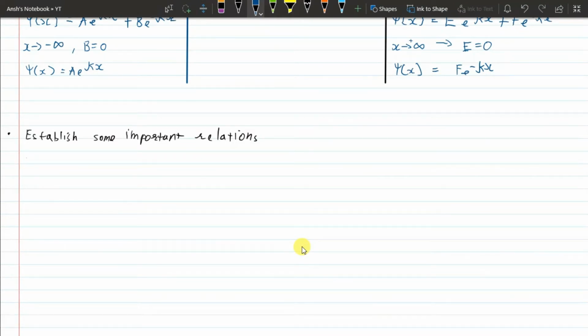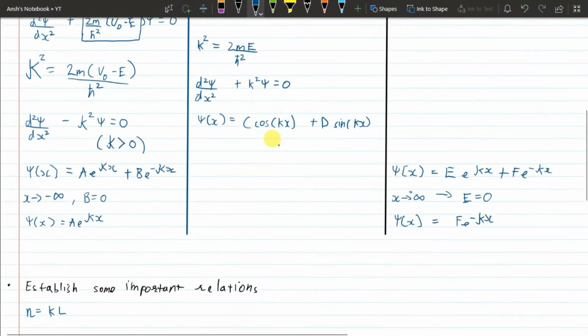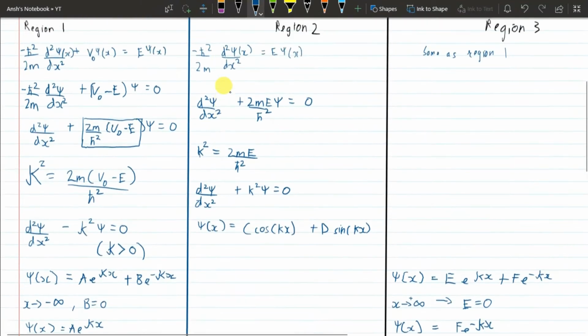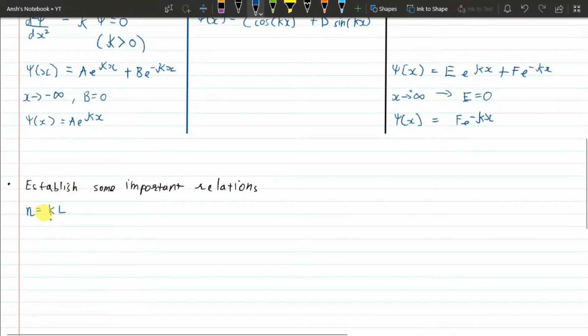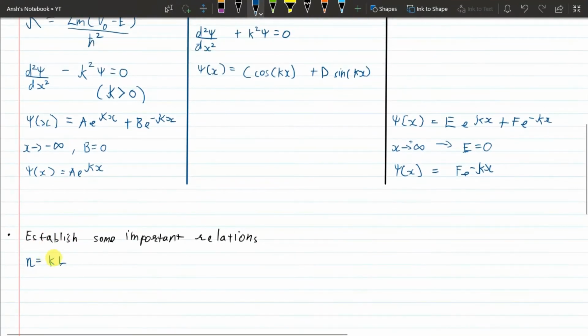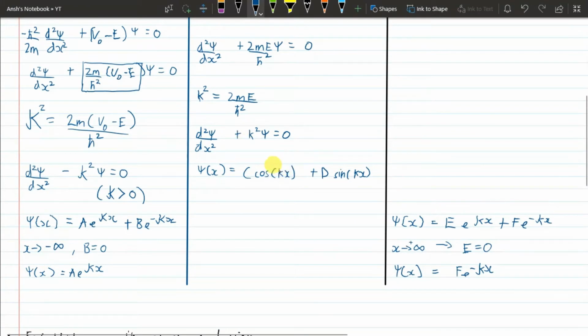So we'll define a quantity eta, which is equal to k into L, where k, as we defined earlier, is this term right here, and L is half the length of the potential well. And eta will be dimensionless in nature because any term inside a trigonometric function has to be dimensionless in nature, and x has the dimensions of length, so k will have the dimensions of length inverse.